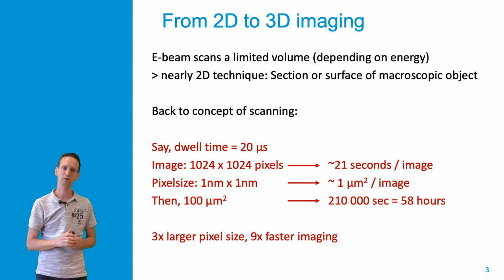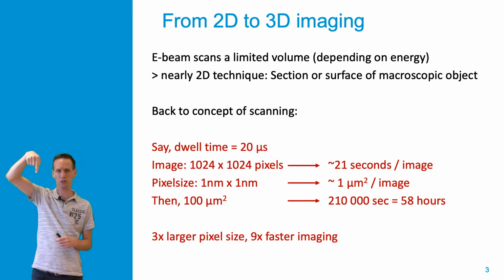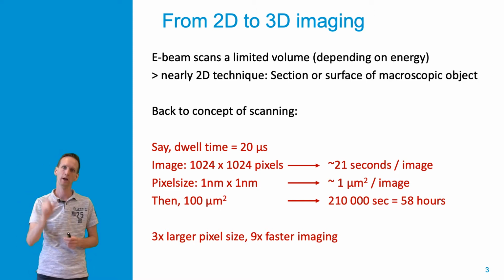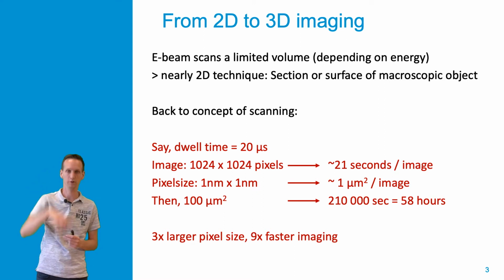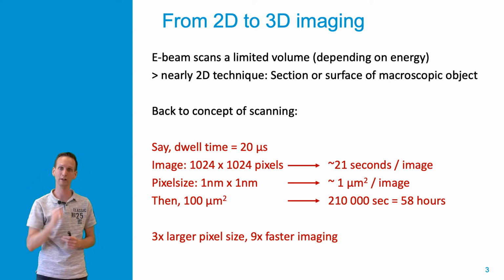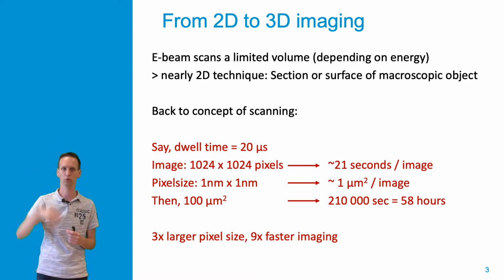In practice, the electron beam does not step from one pixel on the sample to another, but continuously sweeps over the sample, and the detector collects signal for a limited amount of time. The time that the detector collects signal in relation to the area scanned during that time is what determines a pixel in practice. But we can still think about this as stepping from one pixel to the other.